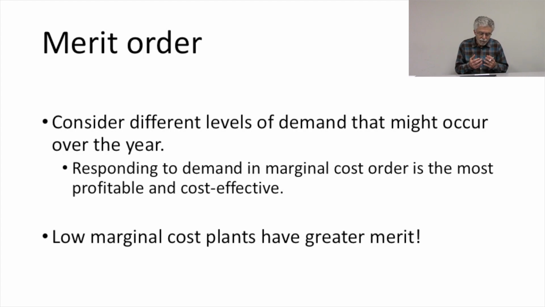Different levels of demand that might occur over the year will mean a different price paid for electricity at different times. Responding to demand in marginal cost order is the most profitable and the most cost effective. One way to remember it is that low marginal cost plants have great merit, so we want to use them first before we use the higher marginal cost plants.